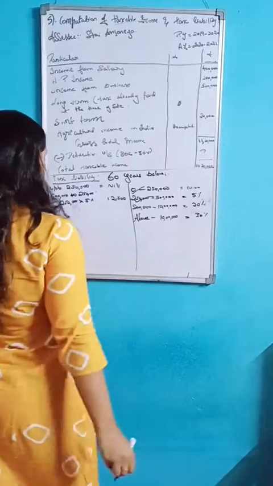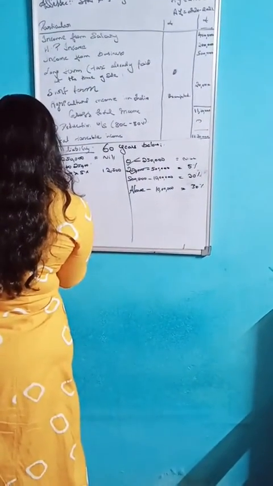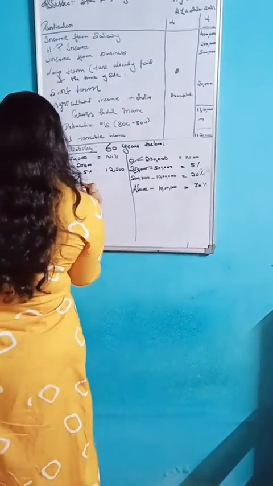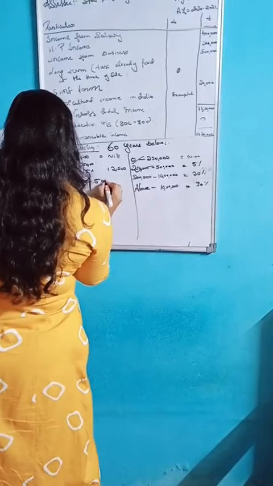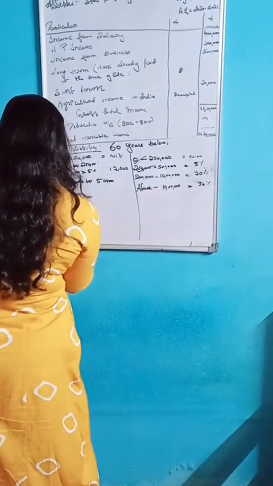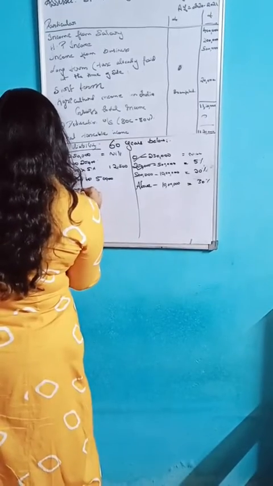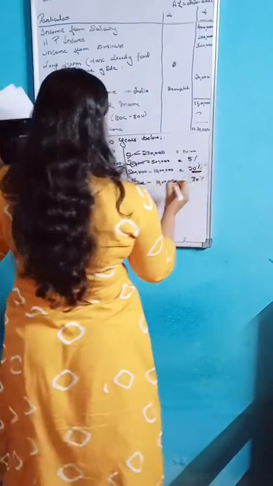Next, from 5 lakh to 10 lakh. So from 5 lakh, the format says 20%.